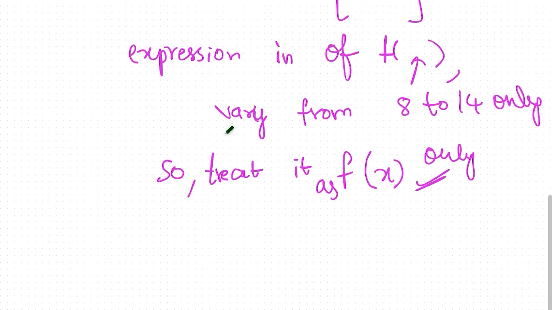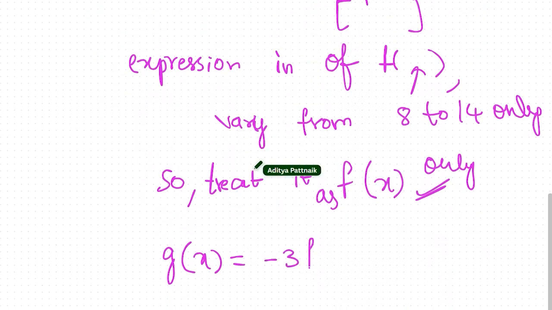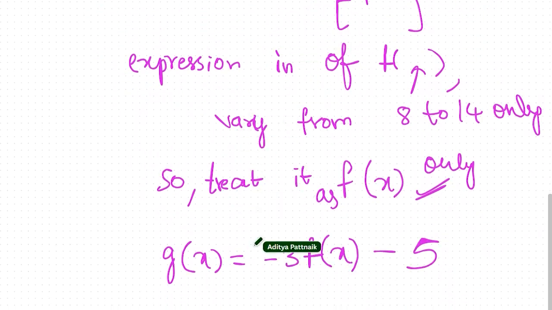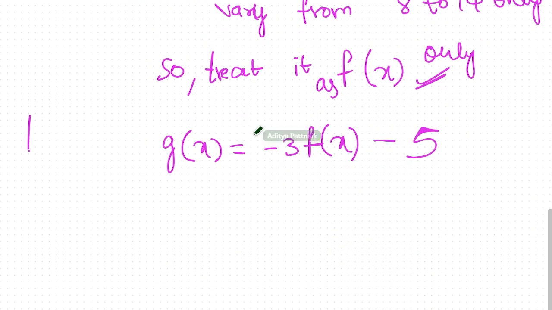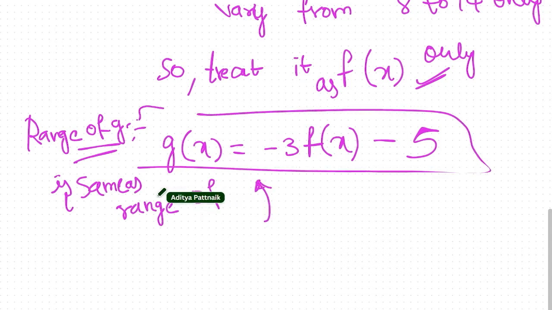Simple, right? So it's the same as finding the range of negative 3 f of x minus pi. So the range of g is the same as the range of the above value. Any doubt so far? No.